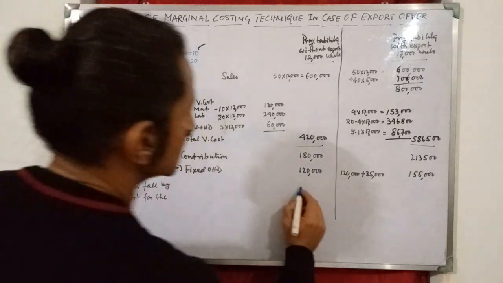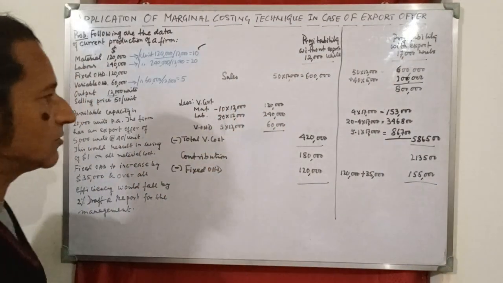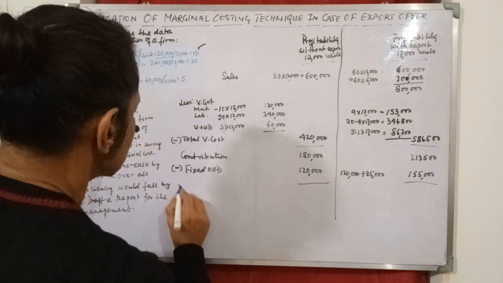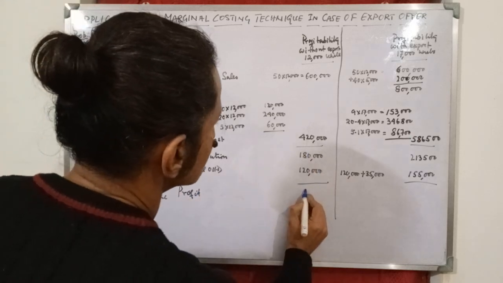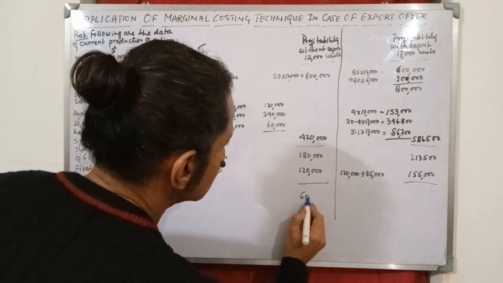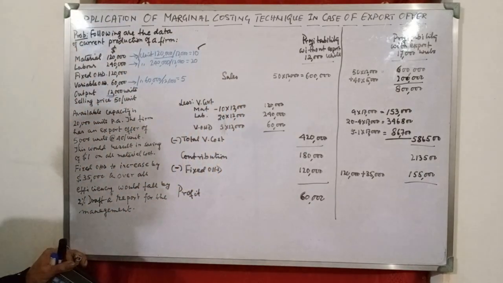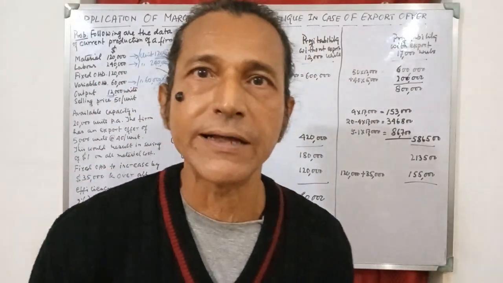So now we deduct fixed overhead from contribution to arrive at profit. Here it is 180,000 minus 120,000, that is 60,000. So profit without accepting the export order is 60,000.